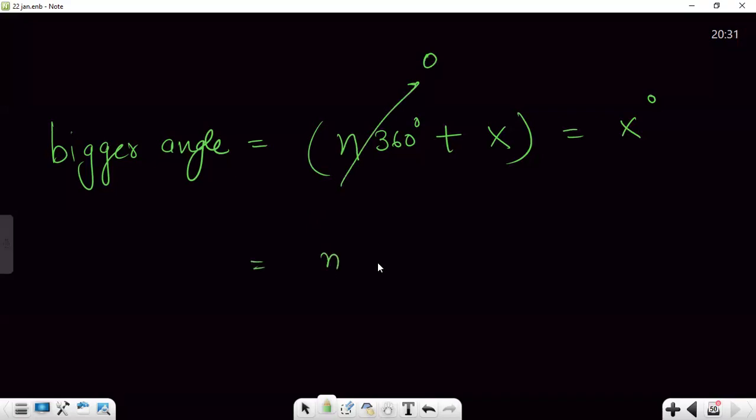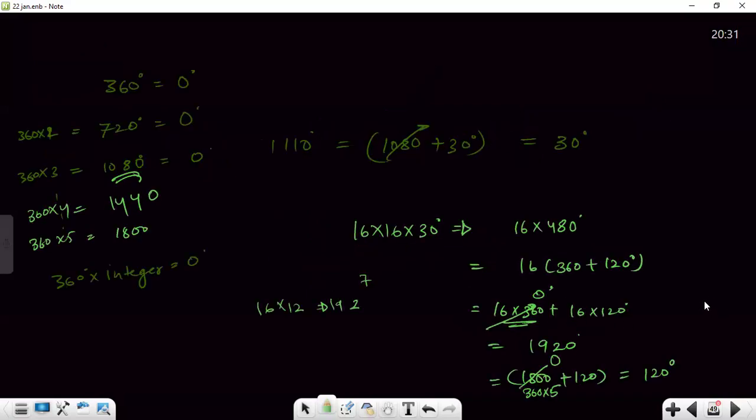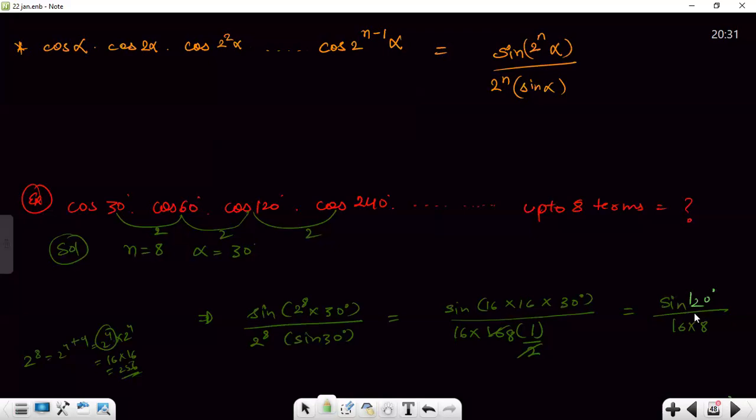Also, if we are talking in terms of radians, then 360 degrees is 2 pi, so 2 pi plus x is equal to x radians, whatever remains. Clear? So this is a basic concept, which is very handy. Is that clear how sine of 120 degrees will be written here?